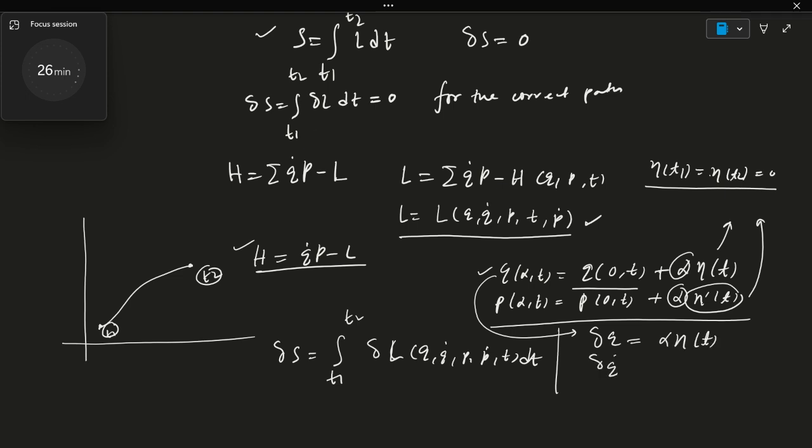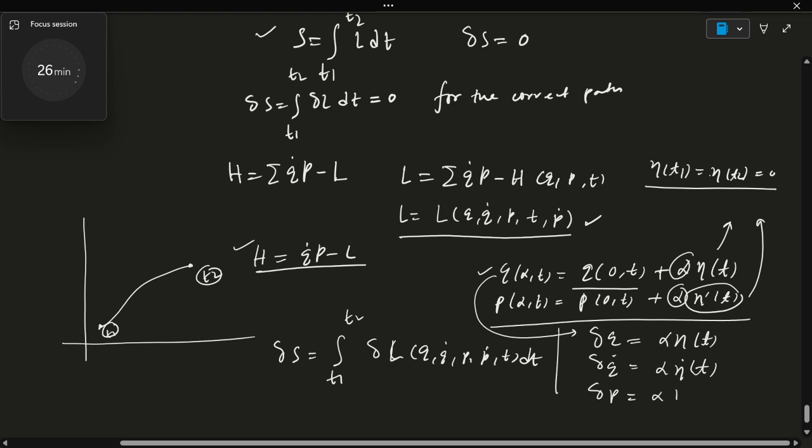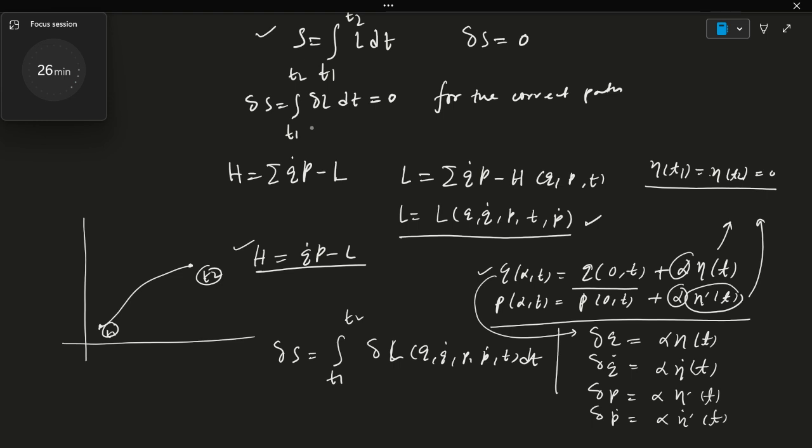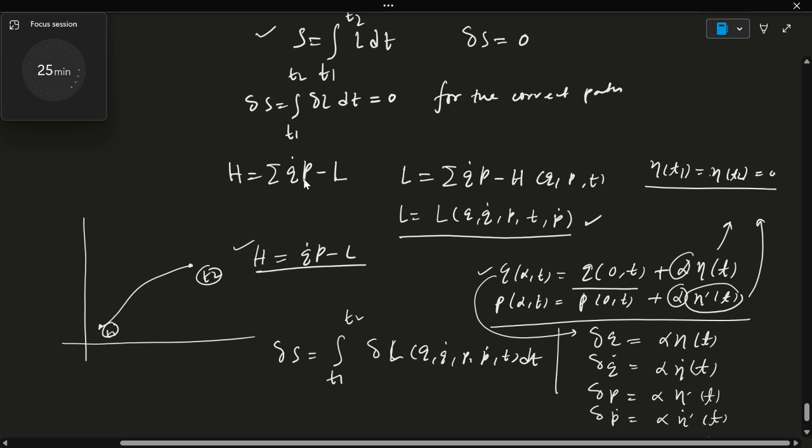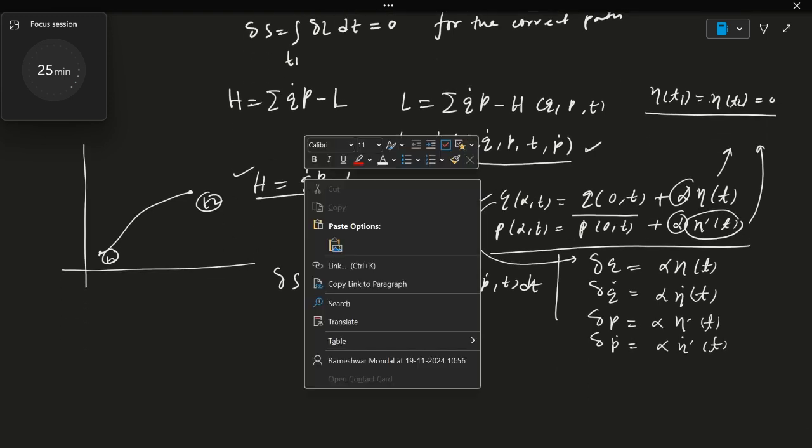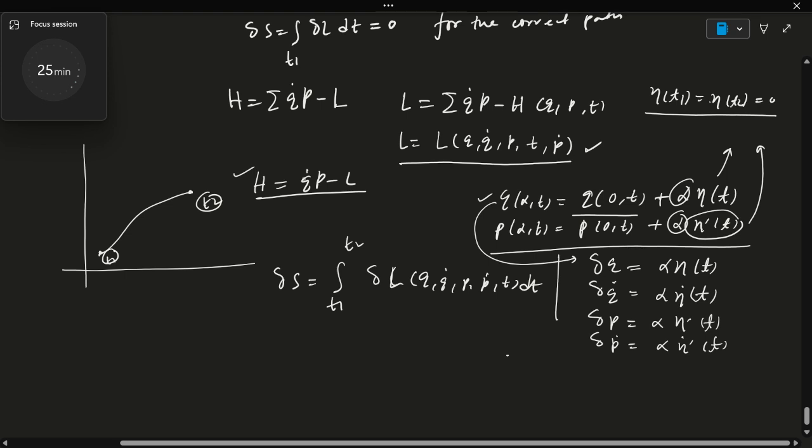Then delta of q dot equals alpha times eta dot of t, delta of p equals alpha times eta prime of t, and delta of p dot equals alpha times eta prime dot of t. Basically delta q is q minus q0, and delta p is p minus p0. The time derivative works in the same way, because alpha is constant here, an infinitesimally small value.